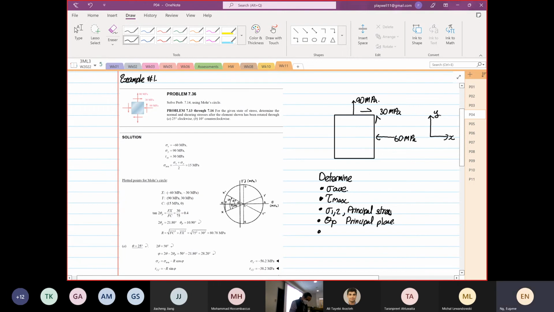And then we are going to construct the element oriented to its principal plane.